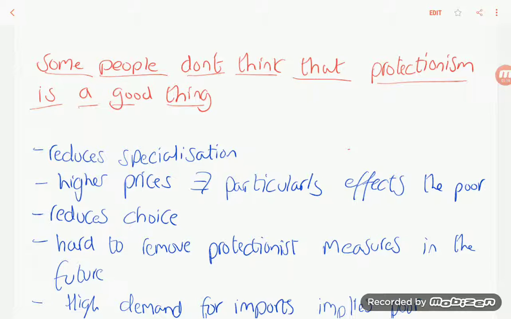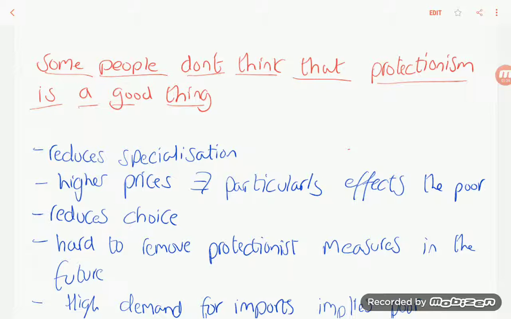And imports may be more expensive, e.g. through tariffs. If the price of everyday goods, e.g. food, rises, this will have a bigger impact on the poor than on the rich. As a result, there may be an increase in inequality, and it's likely that living standards will fall.